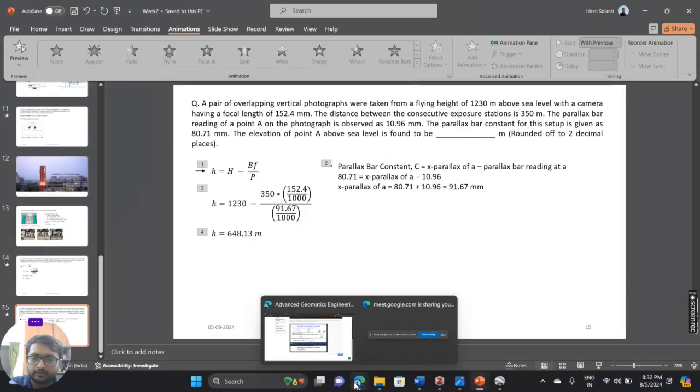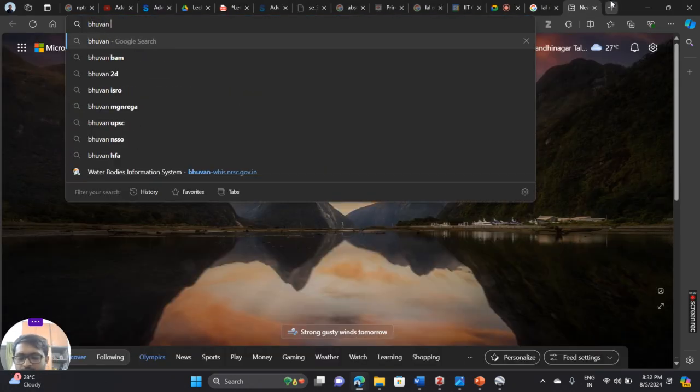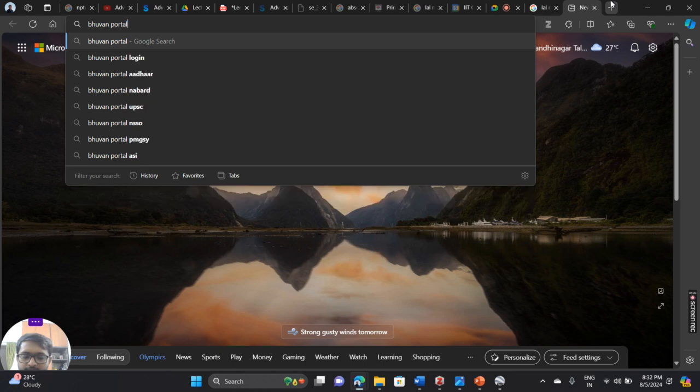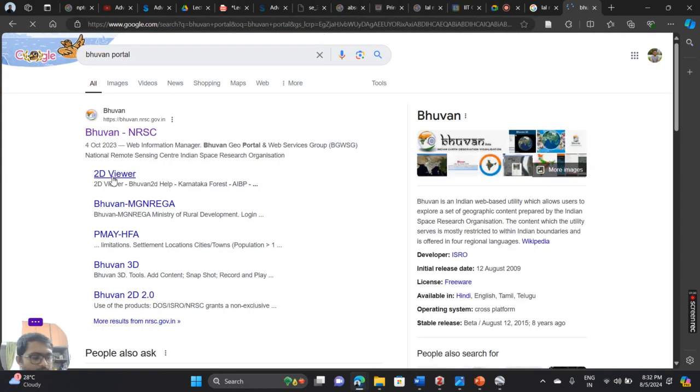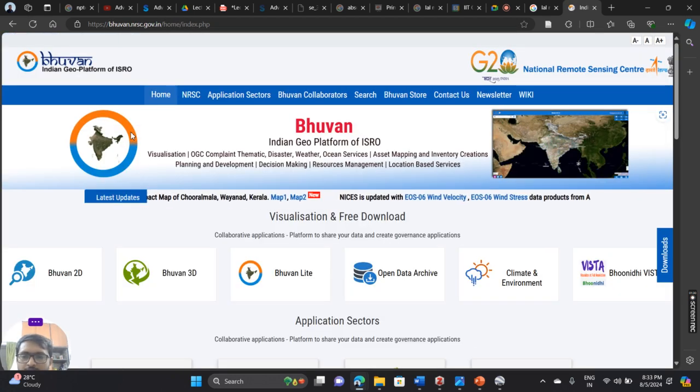So today we will go through the BHUVAN portal. This is the BHUVAN portal, which is an Indian web-based utility. It is a geo platform created by ISRO and NRSC, and it is useful to visualize various geospatial data, and you can take decisions for various variables.